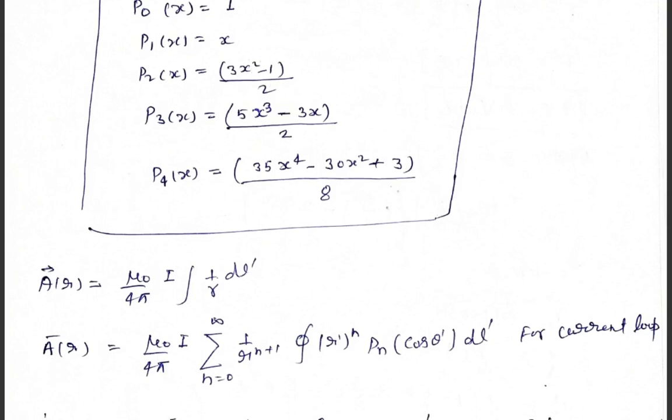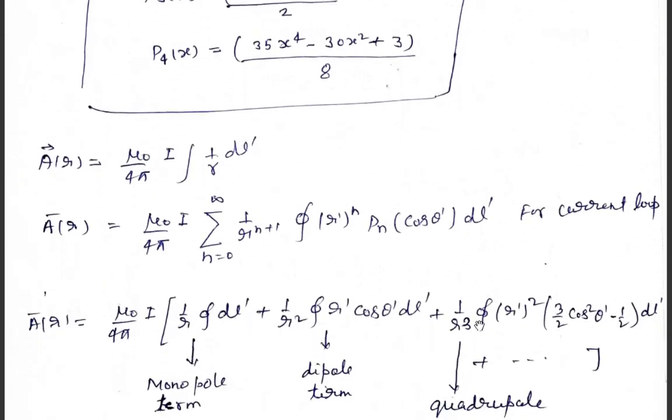Putting that in, we get 1 upon r cube integral r prime square, with the 1 by 2 outside, times 3 cos square θ prime minus 1, dl prime, plus higher order terms we can explore.